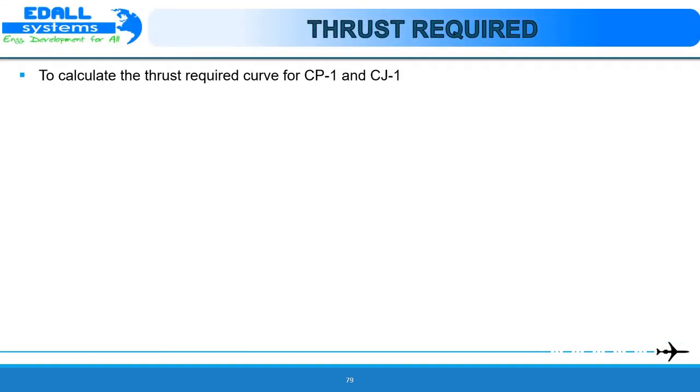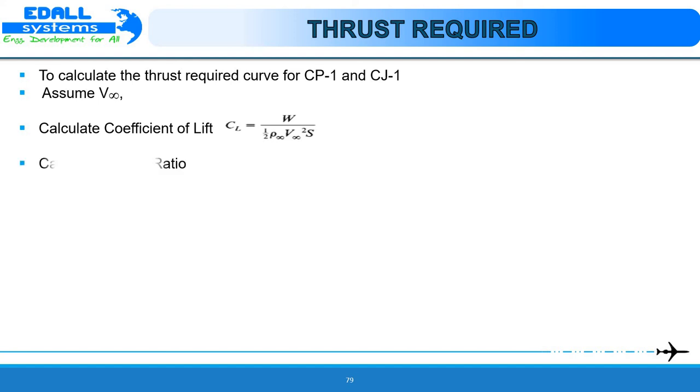Now to find the thrust required, we have to assume the V infinity and then calculate the coefficient of lift, which is equal to weight by half rho infinity V infinity square S, where we know the density of air is equal to 1.225, V infinity square we have to assume, and S is the wing area.